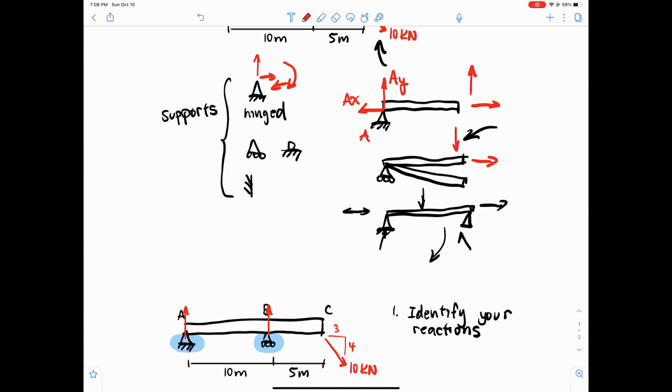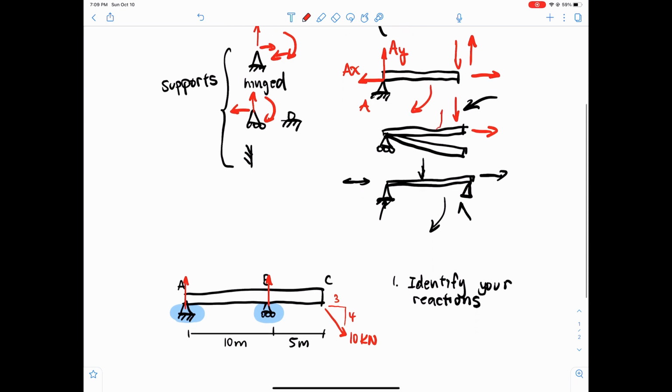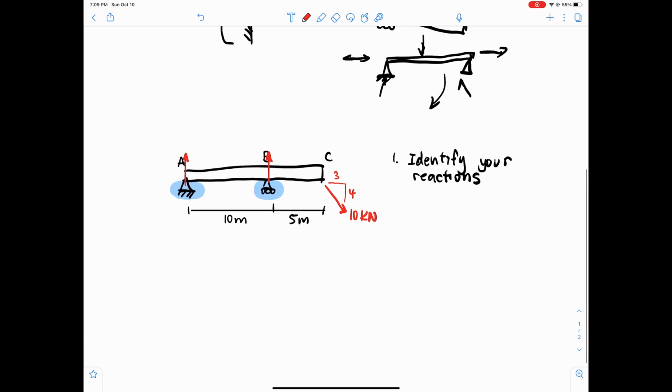Same thing here, except this one doesn't resist in the horizontal direction as well. That just means if you pushed it side to side, it would just slide. If you pushed something here, this would also rotate. Same thing with this one. I didn't cover fixed support yet, but it's not part of the problem. I'll probably go over it in another problem.